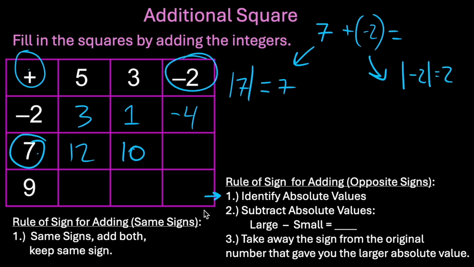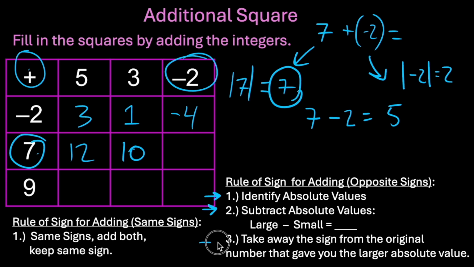Then we subtract the absolute values, larger minus smaller. So we need to identify which is bigger. 7 is bigger than 2, so we subtract from large to small. 7 minus 2. 7 take away 2 is 5.